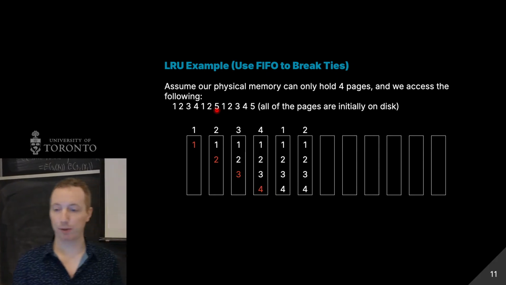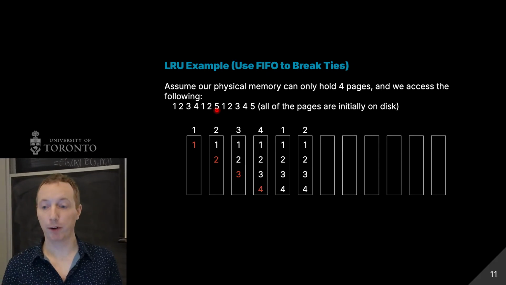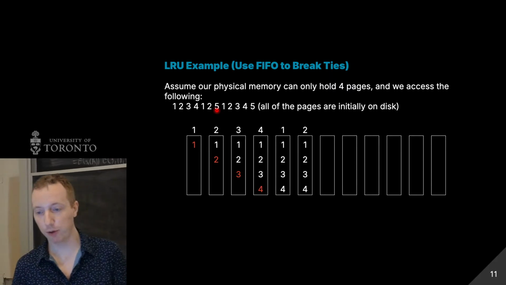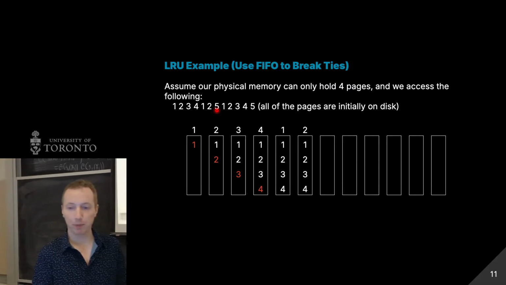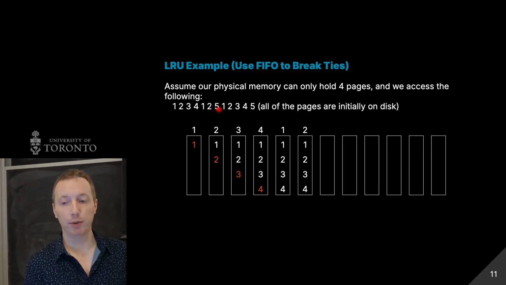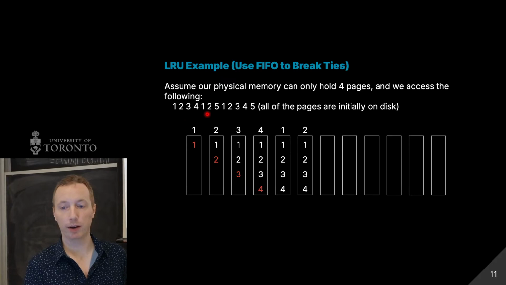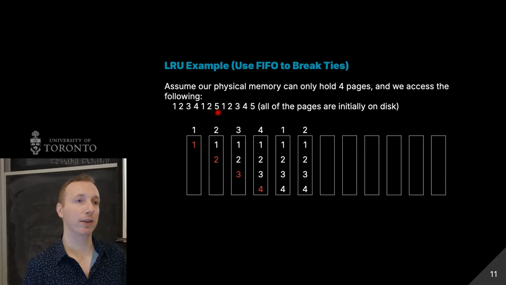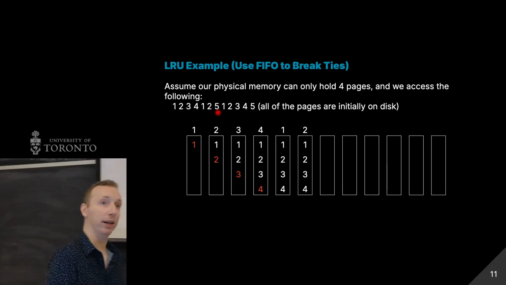We access page 5, and we have to figure out which one of these 4 to replace. 1, 2, 3, or 4. So if we use least recently used, we look back in the past and see which one hasn't been used in the longest time. So between 1, 2, 3, and 4, at this point, what hasn't been used in the longest time? 3, right?